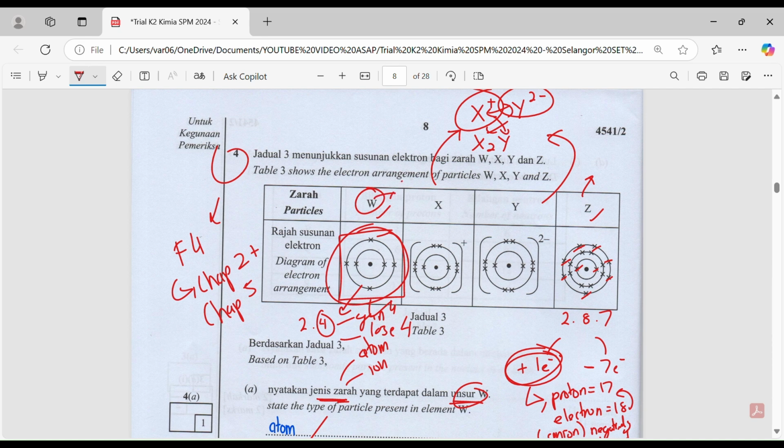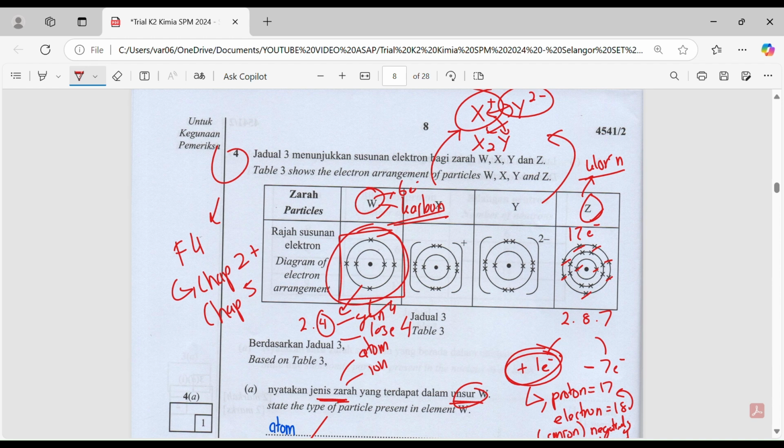So in this case, W has a total of 6 electron numbers. So that would be carbon. Whereas Z is basically, it has 17 electron numbers. So that would be chlorine. Both the carbon and chlorine elements are element bukan logam.